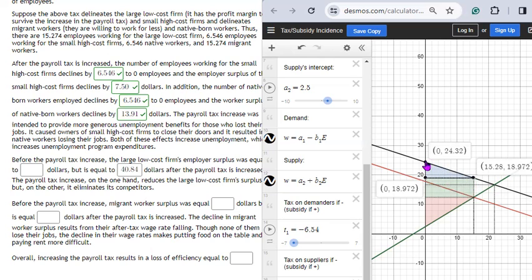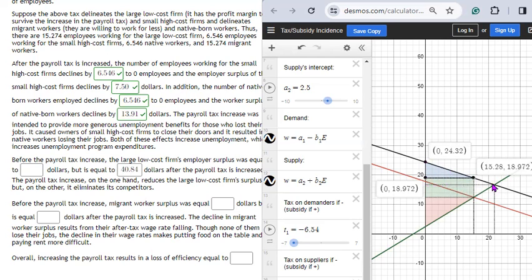Plus this blue triangle. Because remember, this was firm surplus of the small high-cost firms, right? That's the firm surplus of the small high-cost firms. This big triangle that goes to the initial equilibrium, right?